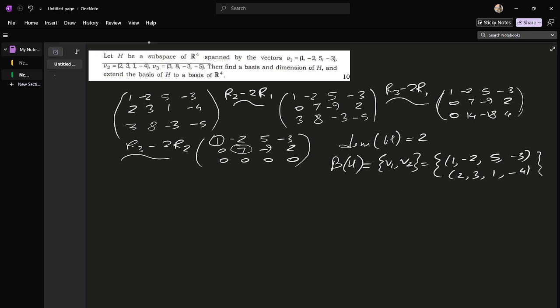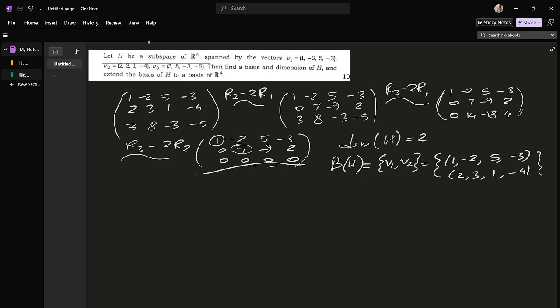Okay, now we have to extend the basis of H to a basis of R to the power 4. In our matrix, after the row reduction we got this form. Then we have only two pivotal positions. The A11 and A22 positions are non-zero, and we have to make the A33 and A44 positions non-zero.